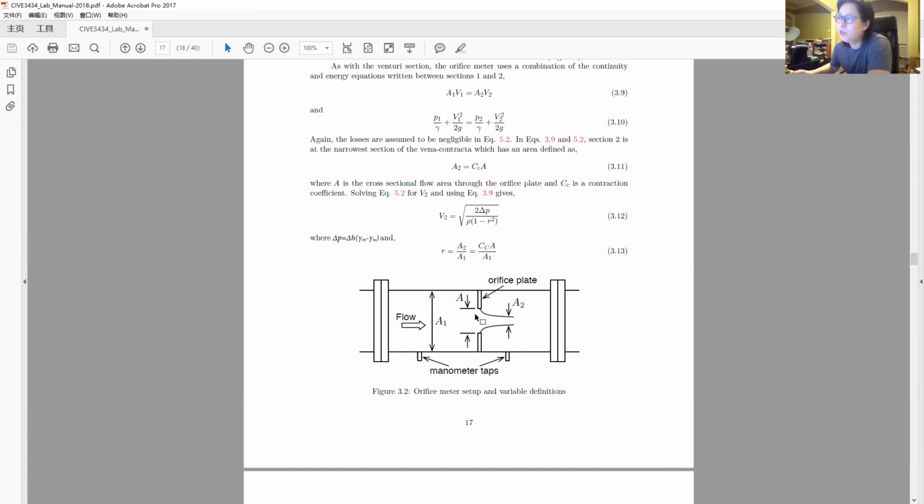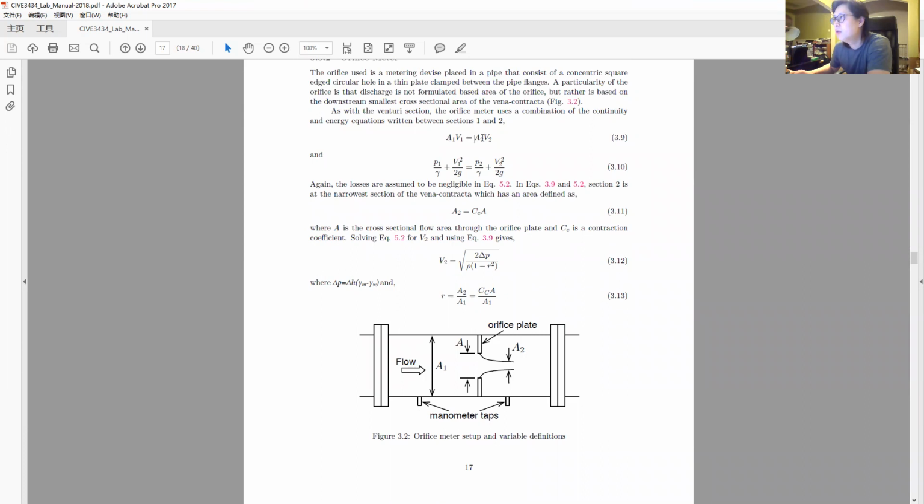By now, the only thing we know is the opening of the orifice plate. So for the continuity equation, we don't know A2 right now, but we introduce a new term called CC. We use CC times A equals A2, substituting A2 with the new coefficient CC and A. So we're able to calculate CC later.